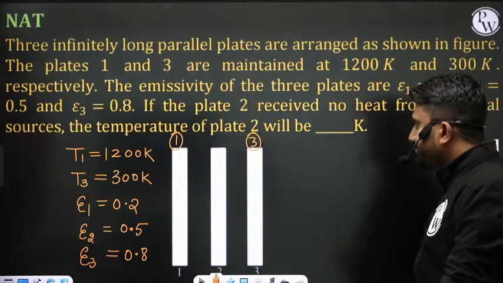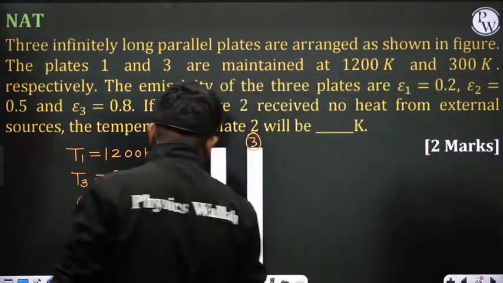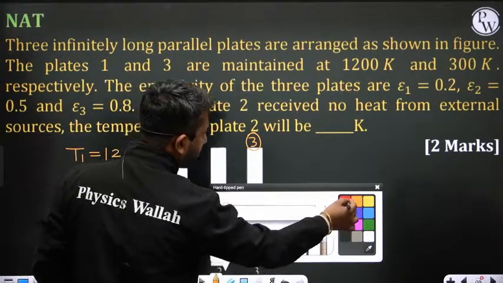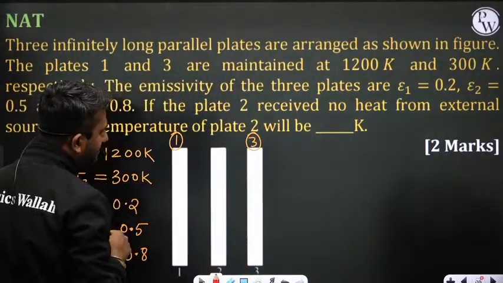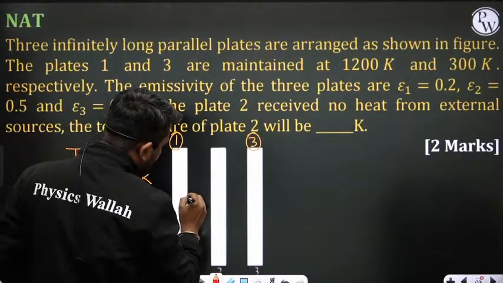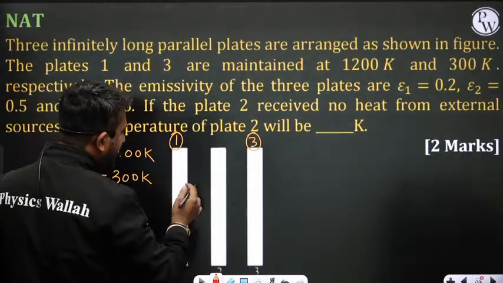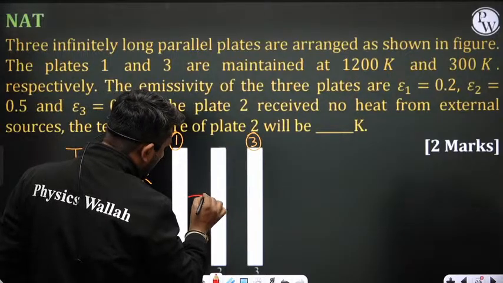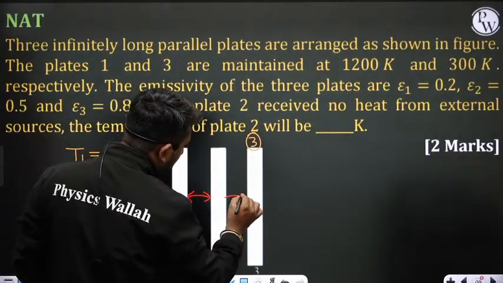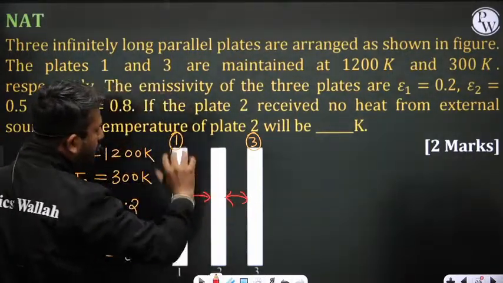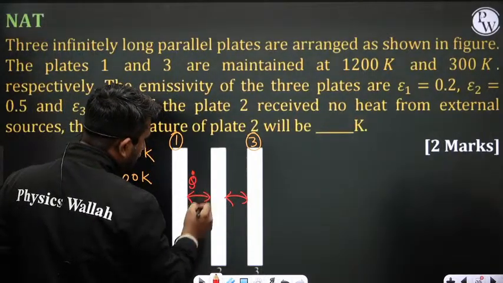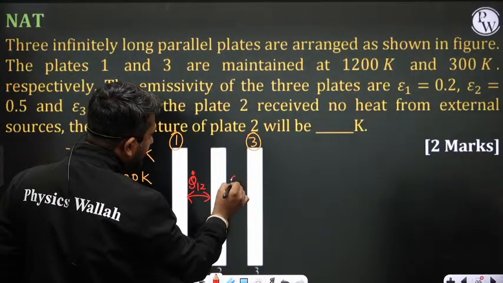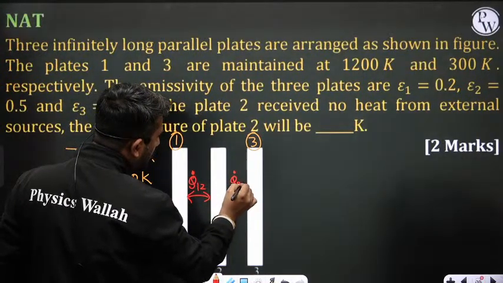Now see here, if you apply the energy balance, can we say the rate of radiation heat exchange between plate 1 and 2 is equal to the rate of radiation heat exchange between plate 2 and 3? Q dot 1 2 is equal to Q dot 2 3.